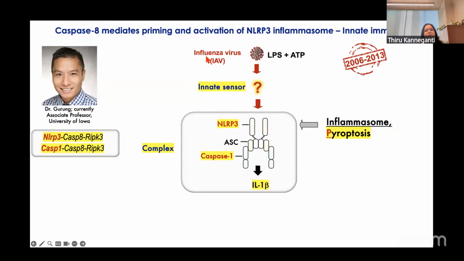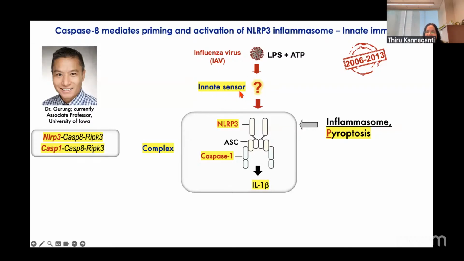We also showed influenza virus is triggering this specifically, and we also know that LPS-ATP or LPS-nigericin are specific triggers. So Prejwal started screening all those hundreds of different knockouts that we have in the lab to identify the key molecule that is upstream in this pathway.